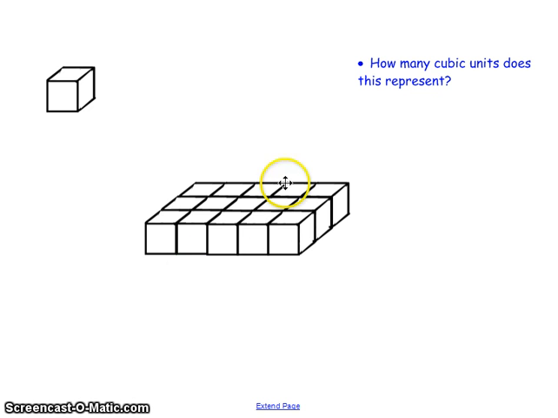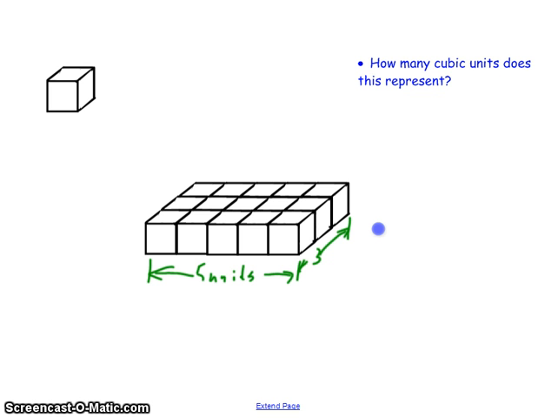We have a similar situation when we look at something like this. This is a prism. It has dimensions of 5 units for its length and 3 units for its width, which gives us an area of 15.